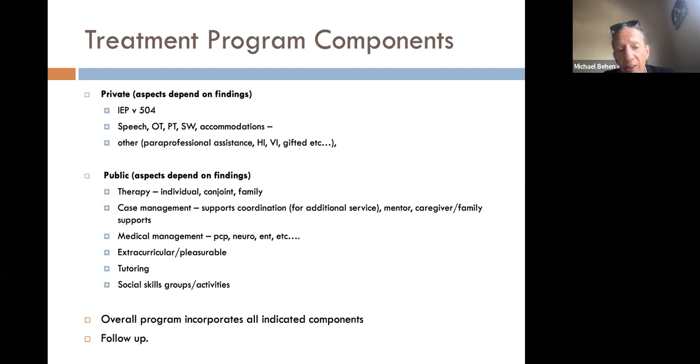So outside of school, we're going to want related services to add to what we're getting in school. And then we want any resources that are relevant to the findings. So if we find someone is having some distress or some behavioral concerns, we're going to want some therapy, right? And that therapy could involve working with the individual.